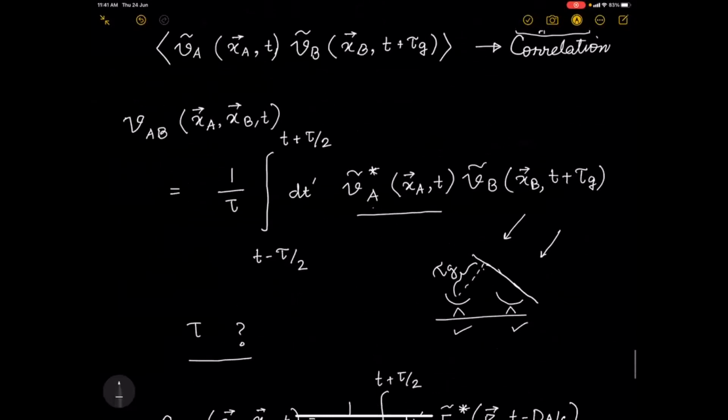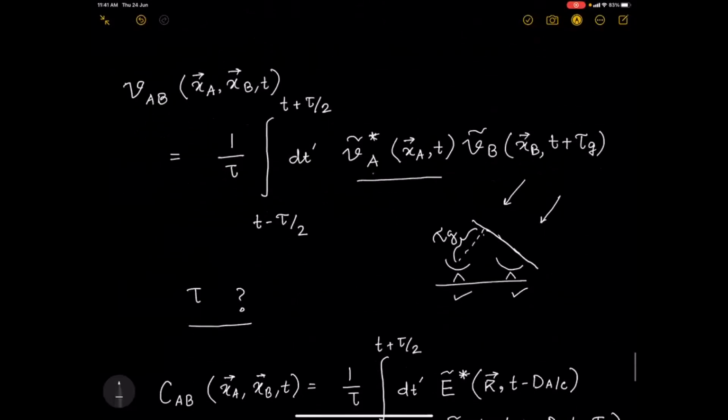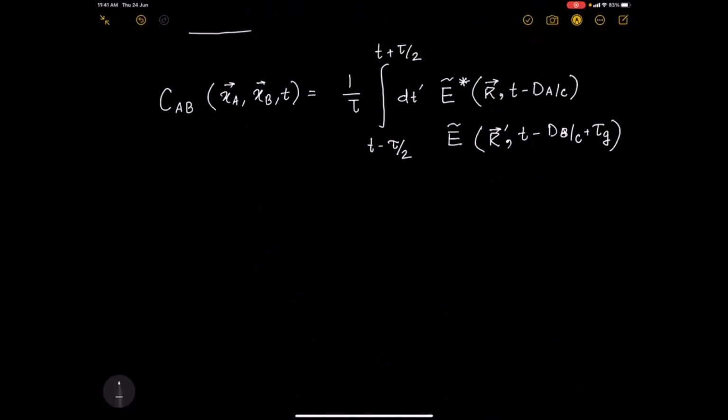Okay. So what do we get here? Remember that we are talking about a monochromatic signal. There is a little bit of difficulty at this stage. We said that we will deal with only one frequency.